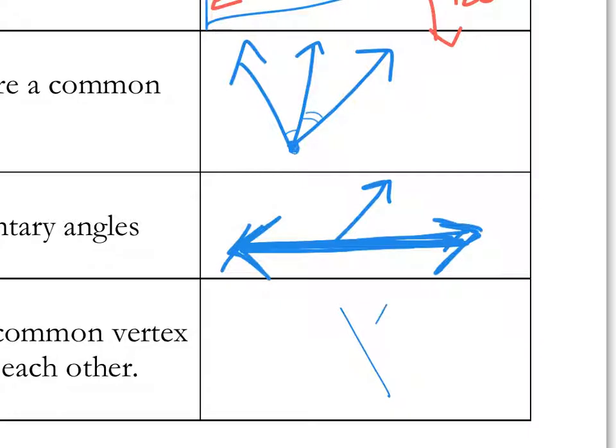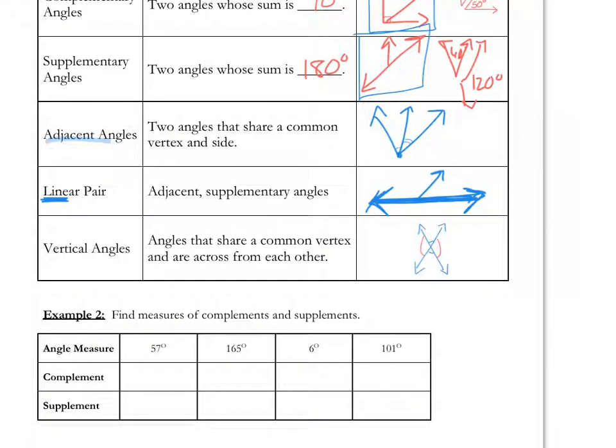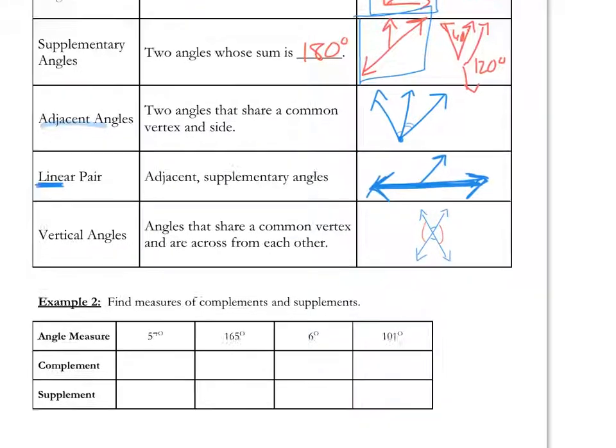So if I make an X, this angle and this angle are vertical. Also, this angle and this angle are also vertical if you have a complete X. We will learn later on that vertical angles are congruent, and that's just a theorem that we can learn.